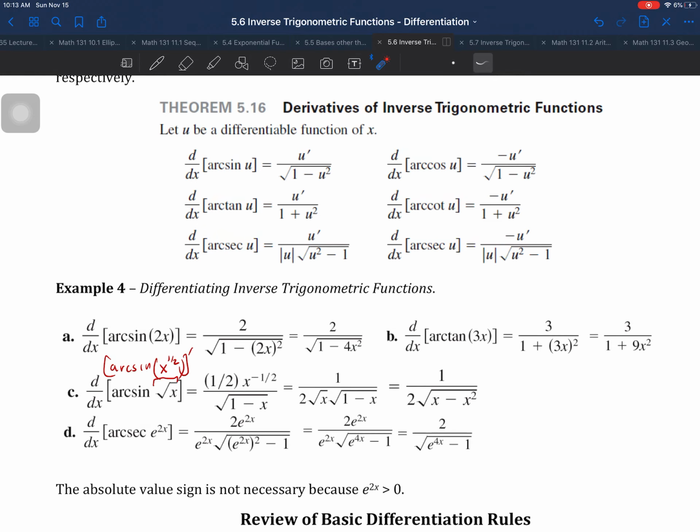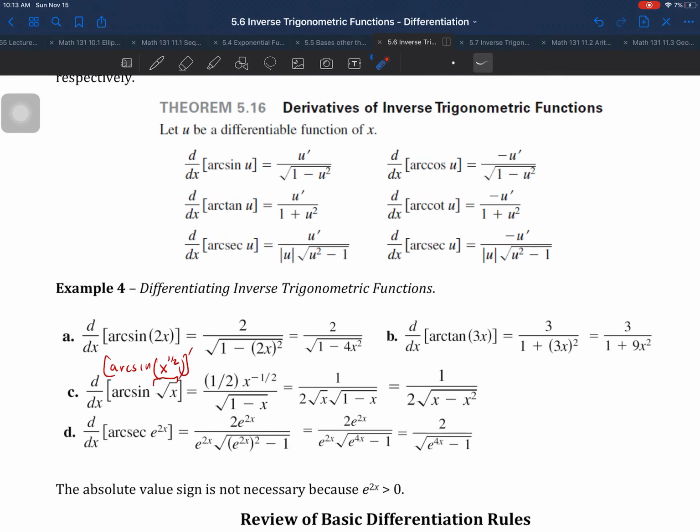Wait, there's a little typo here. Let's see which one. All right, so it's arcsecant, arcsine. I believe this is going to be secant.